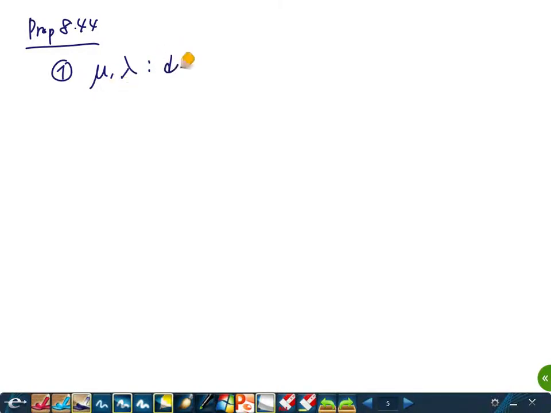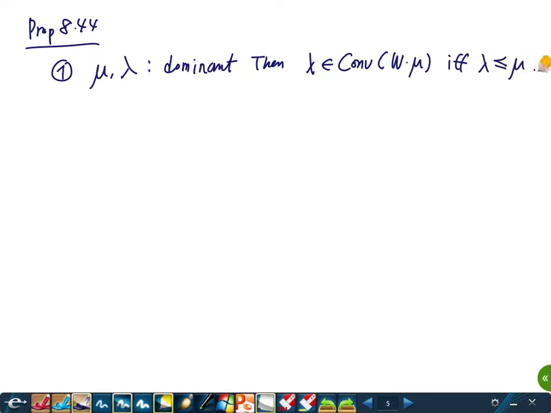Suppose that these are dominant elements, then lambda is in the convex hull of this if and only if lambda is less than or equal to mu.